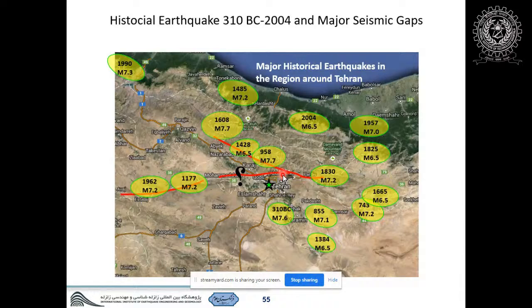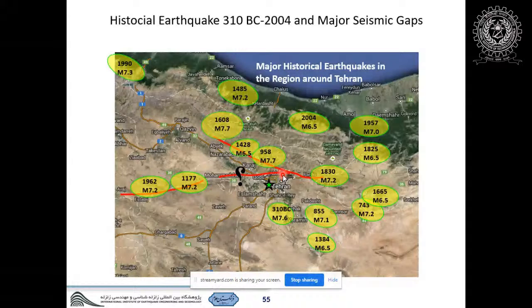Therefore, this is the historical earthquake record, about 2,300 years.